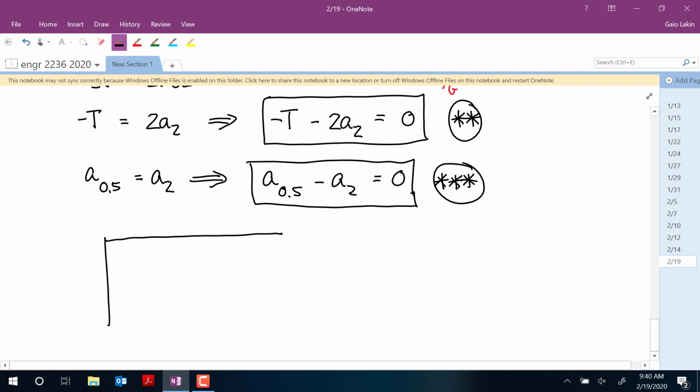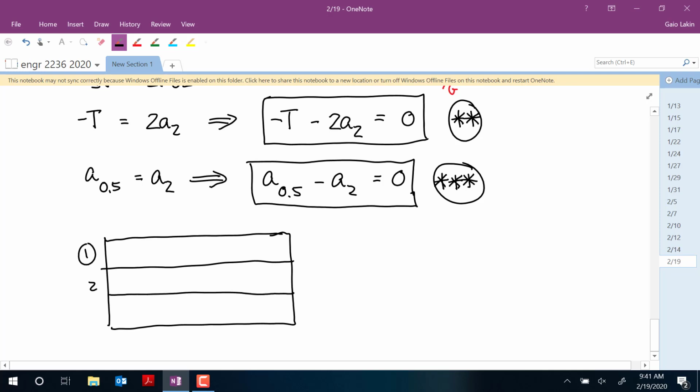And so we can write out this matrix again with equations 1, 2, and 3. And then the columns represent A0.5, A2, T, and the constants.